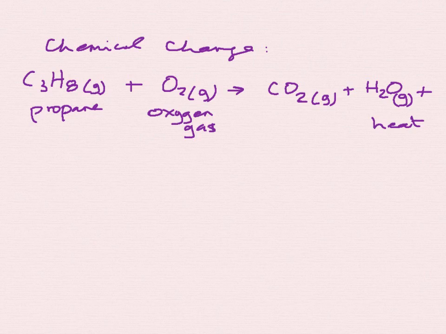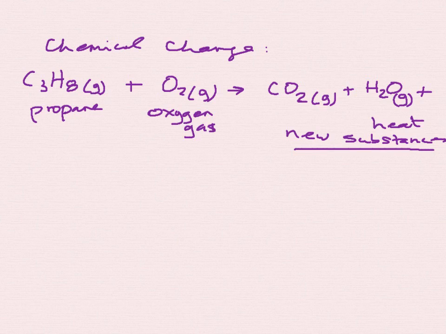So if you look at what you started with, propane and oxygen, what you're getting are new substances. So therefore, it must be a chemical reaction. If you're producing new substances, ding, ding, ding, that's a chemical change. I want you to note, however, that all of the elements are still exactly the same.